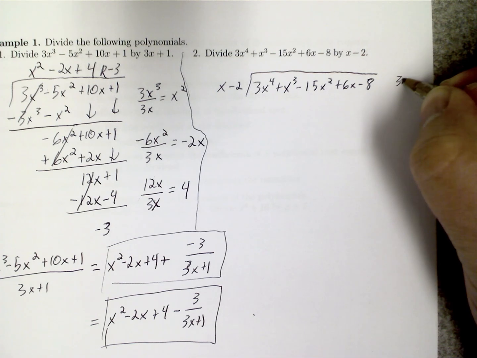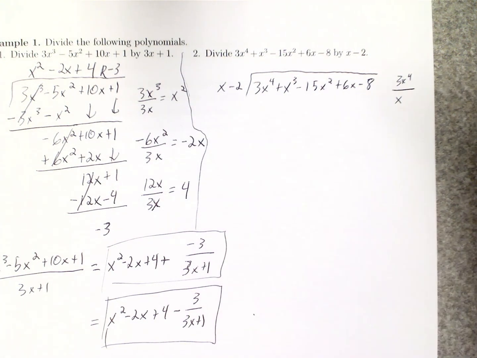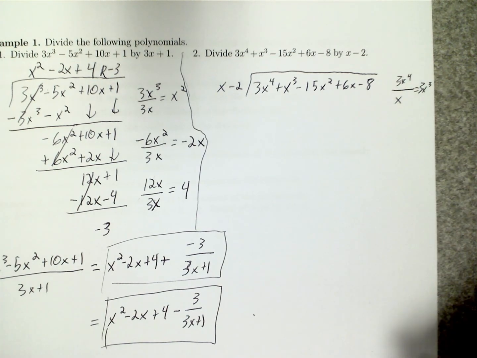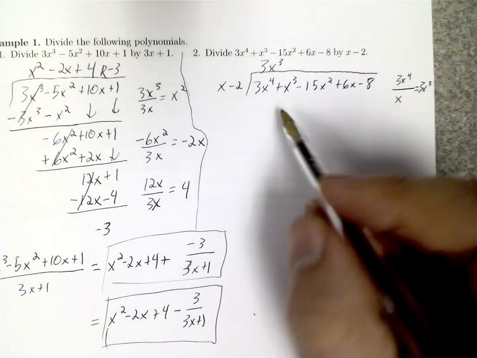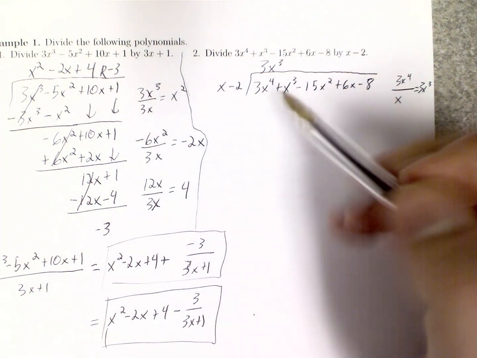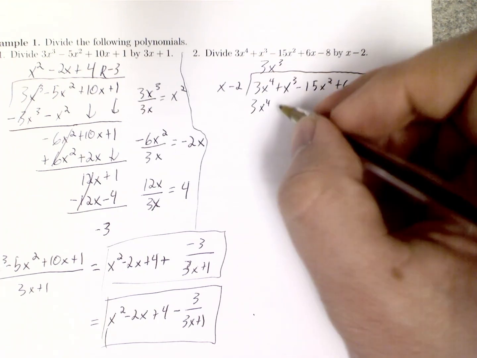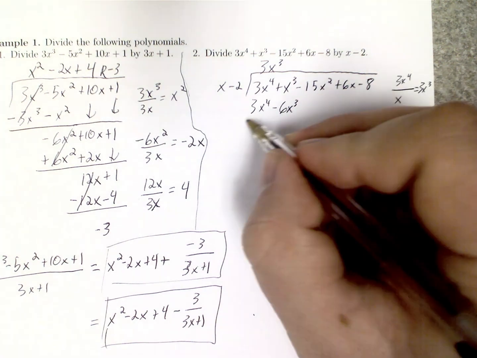So 3x to the 4 divided by x. This is the leading term here, that's the leading term there. And we get 3x cubed. Then we multiply. 3x cubed times x is 3x to the fourth. 3x cubed times negative 2 is negative 6x cubed.